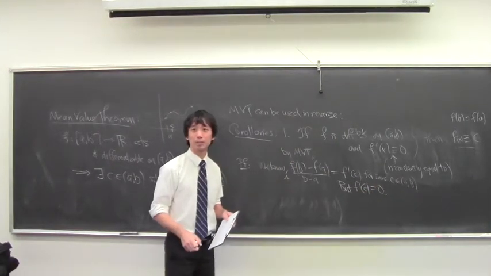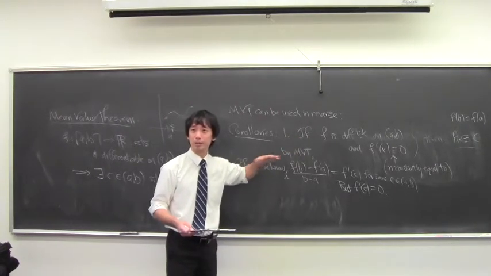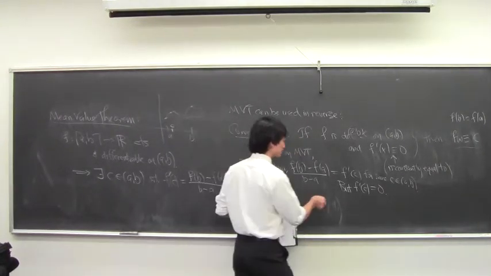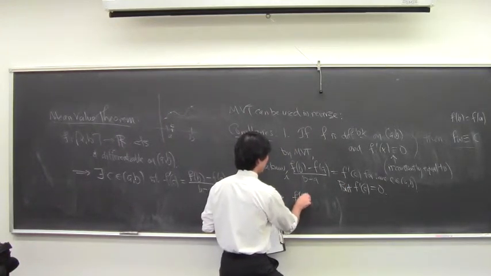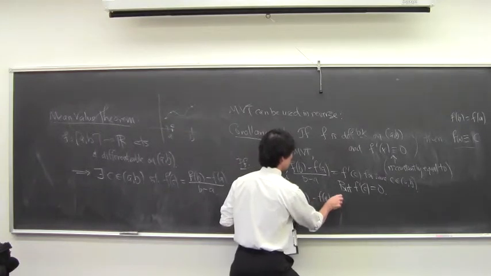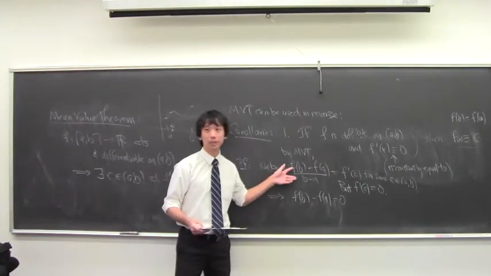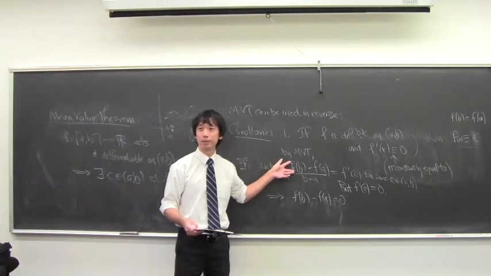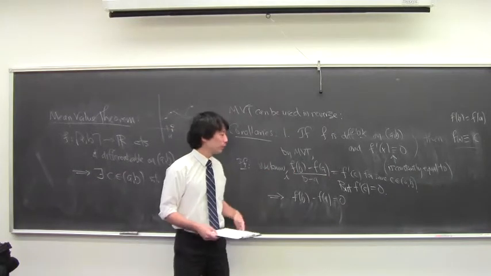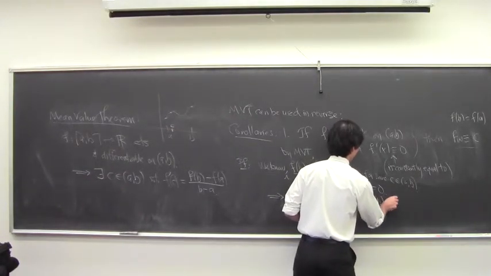We were told that f prime is everywhere 0, right? But that means that f of b minus f of a must be equal to 0, because you've got this fraction equaling 0. That must mean that the numerator equals 0. In other words, f of b and f of a are the same.